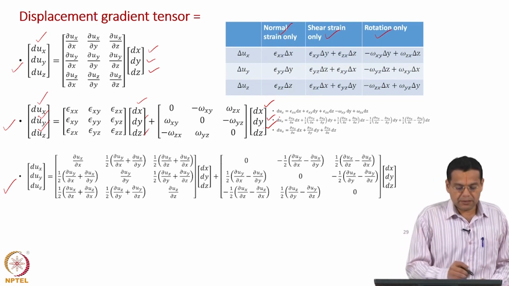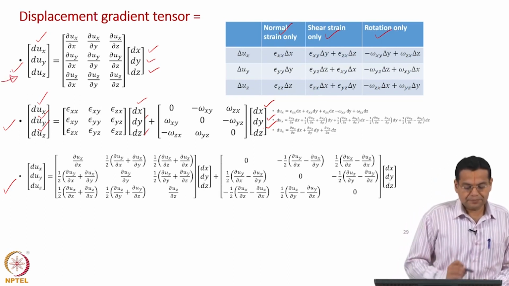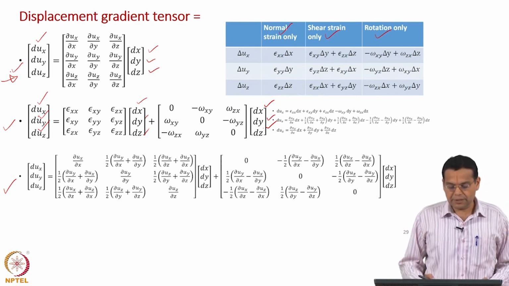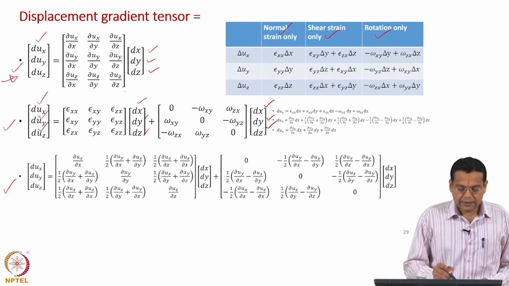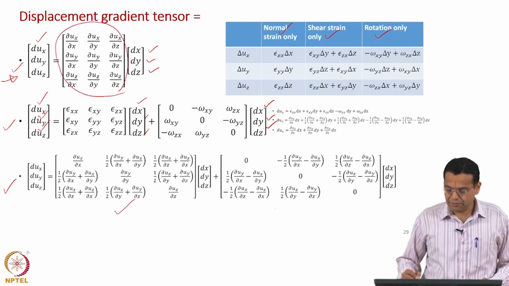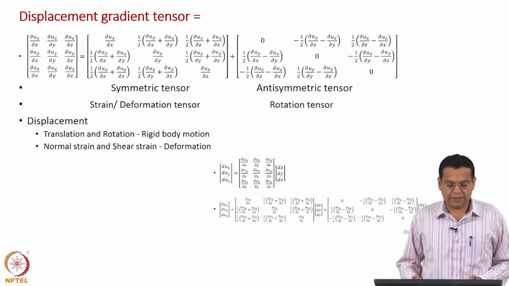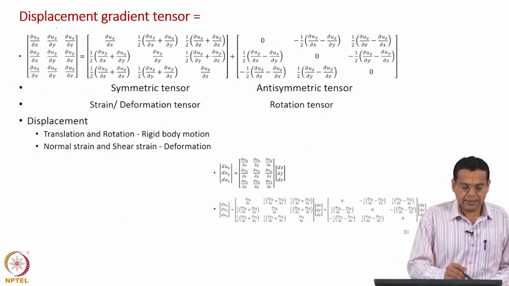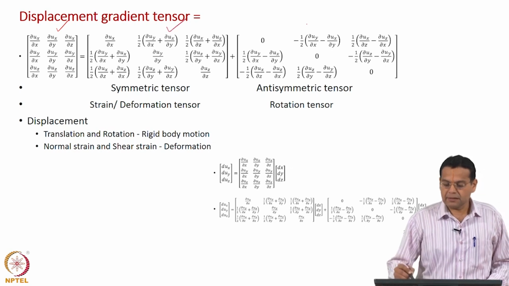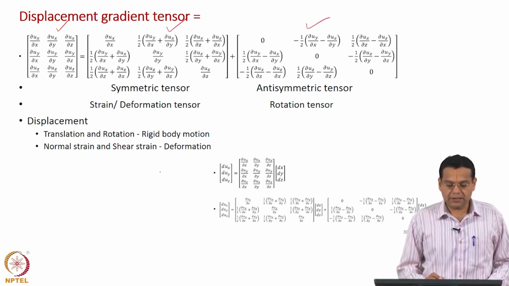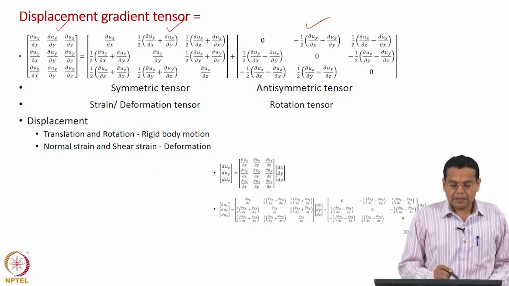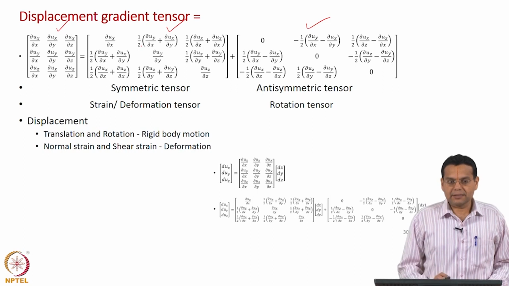Now, based on the first equation and the second or third equation, we said that this displacement gradient tensor is equal to the sum of these two tensors. The first tensor includes the normal strain and shear strain.